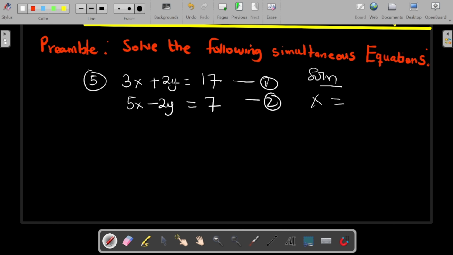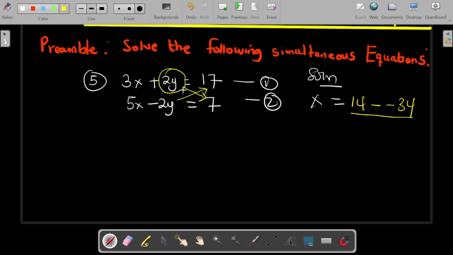we are going to take this term in y, which is 2y, over this negative 2. Okay, we're going to take this one, multiply by this. So 2 times 7 becomes 14, minus negative 2 times 17 becomes negative 34, all over.